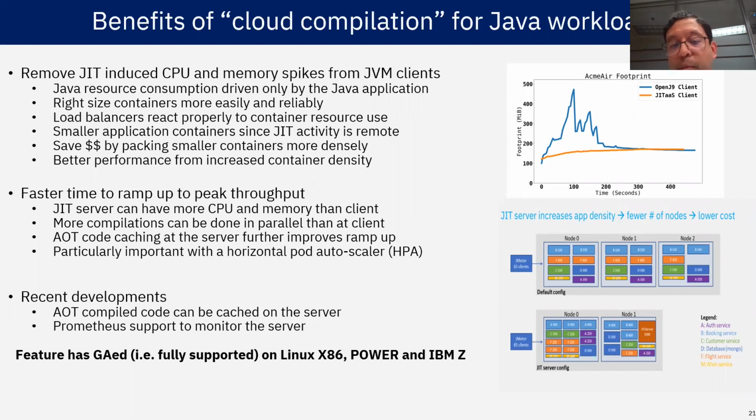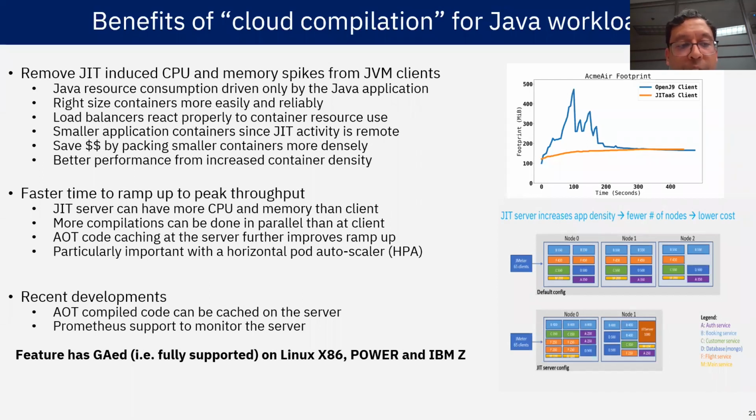Whereas if the JIT server is separated, even if clients connect to the server at different points in time and request compiles, the JIT server's contribution ends up being lesser than what it would have been if you just put a JIT compiler into every single one of those client containers. So that temporal aspect is very important in getting the increased container density.